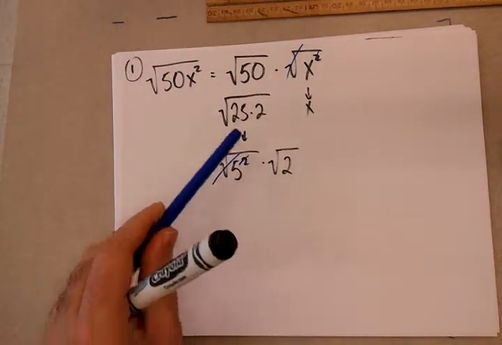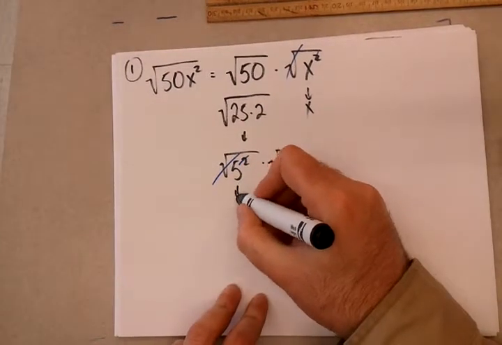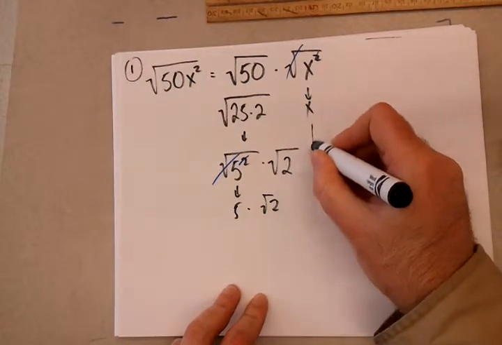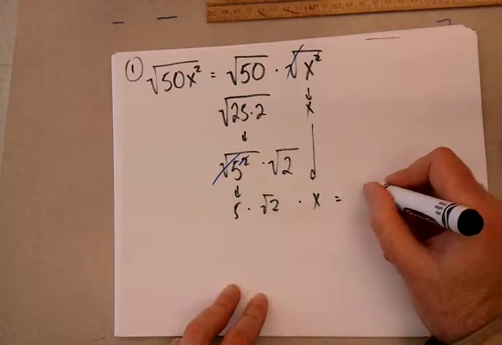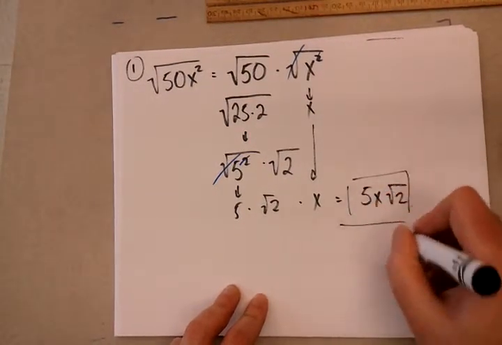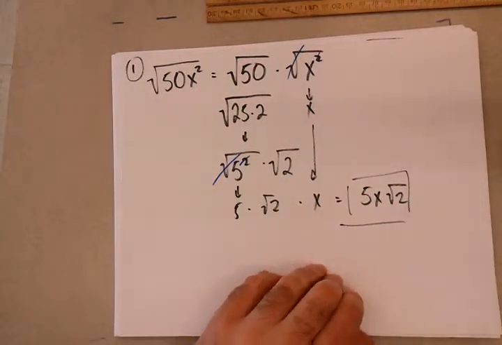Again, that 5 squared came from 25 over here. So what I'm left with here is a 5 times root 2 times the x. All in all combined, that's 5x root 2. So that was number 1. I'm going to do number 2 now.